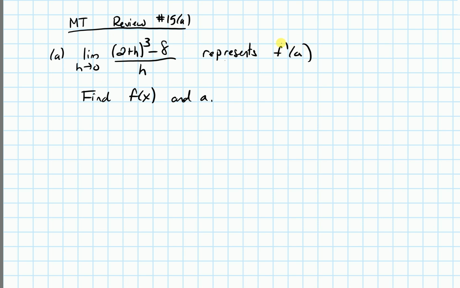That means this is actually the derivative of a certain function evaluated at a certain point, a certain x value, which I'm calling a. And the goal is to find f of x and to find a. So, in other words, someone started the limit definition and has plugged in stuff for part of it, and it wants us to work backwards and figure out, well, what's f of x and what's a?